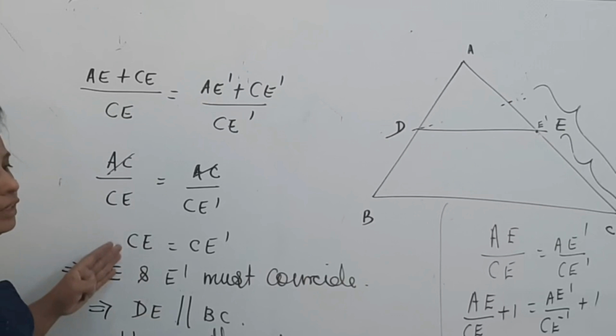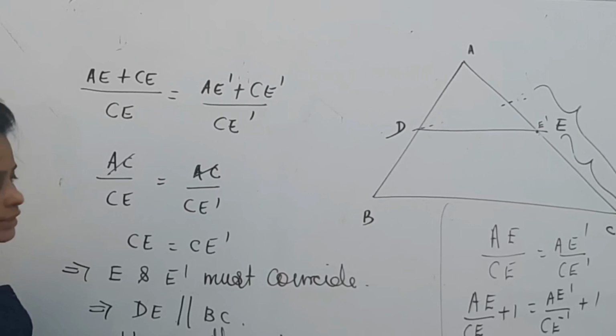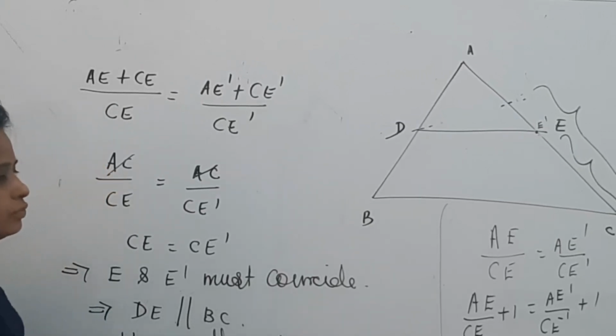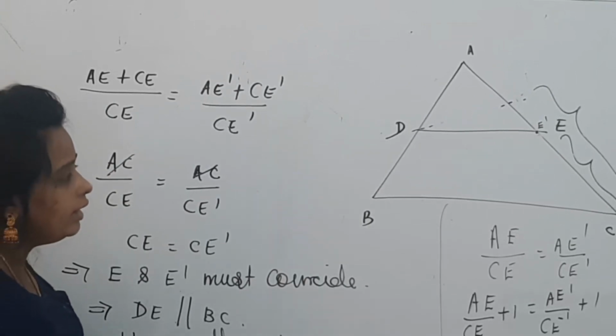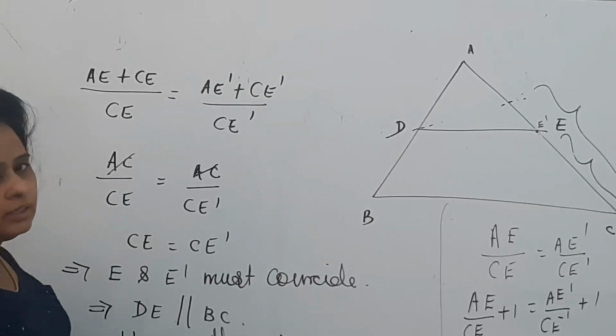Hope everyone understood this converse of Thales theorem. The converse of Thales theorem says like this: if two sides of a triangle are divided in the same ratio, then the line dividing the two sides of the triangle is parallel to the third side.